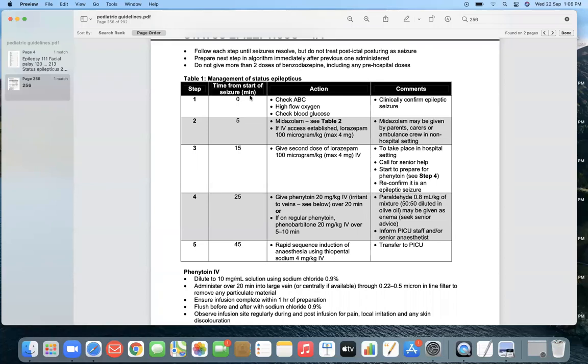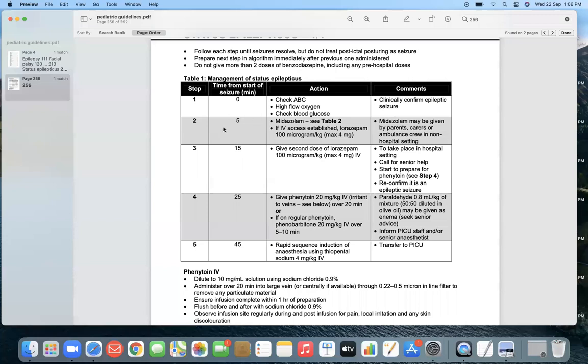First, what you will do immediately for the patient: check ABC, high flow oxygen, and check blood glucose. In our child, we were seeing that he was on high flow oxygen. You will check the ABC and blood glucose, the immediate actions you have to do. Clinically confirm epileptic seizures.